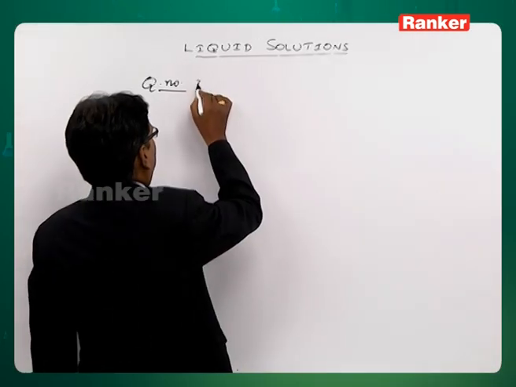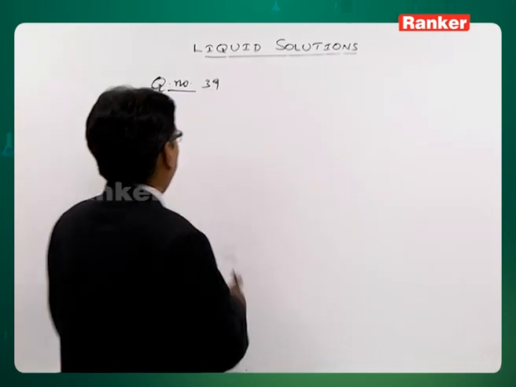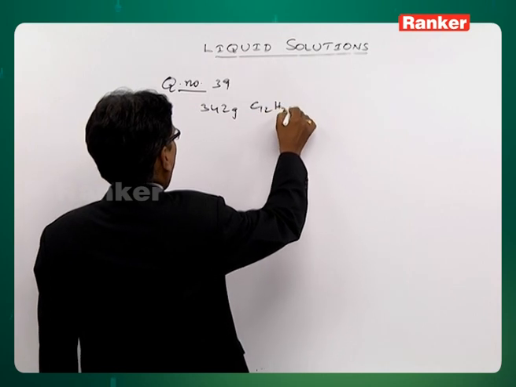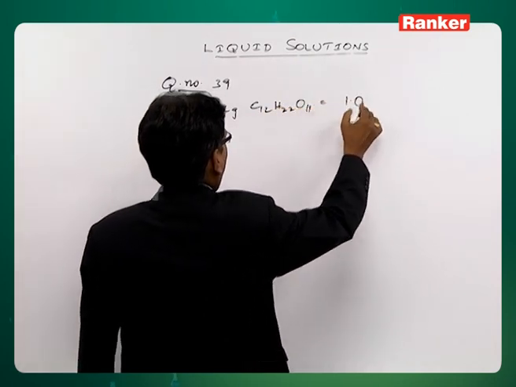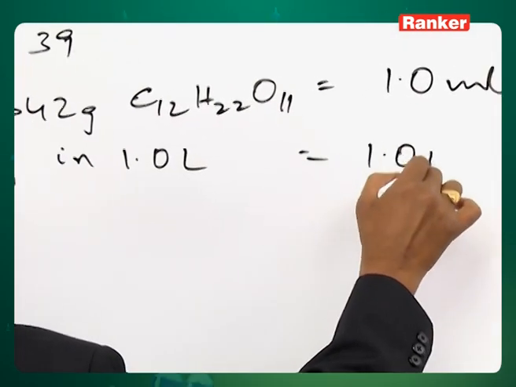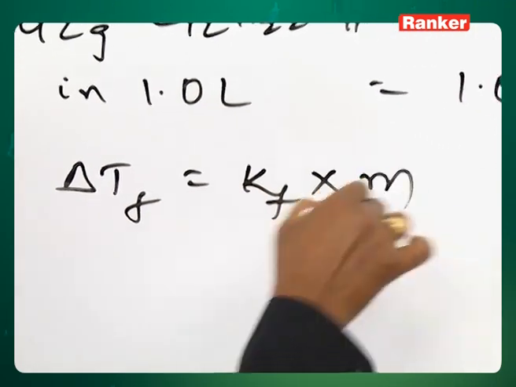Now, let us go to question number 39. In the question, the molar freezing point constant for water is 1.86 degree Celsius per mole or 1.86 Kelvin kg per mole. If 342 grams of cane sugar are dissolved in 1000 grams of water, then the solution will freeze at what temperature? 342 grams of C12H22O11 is equal to 1 mole. In 1 liter, this is 1 molar. Delta Tf is equal to Kf into molality.